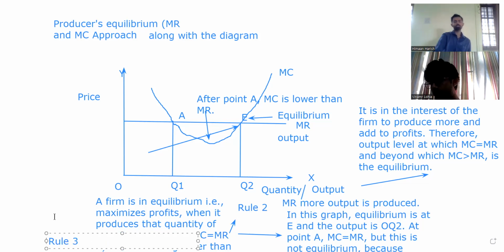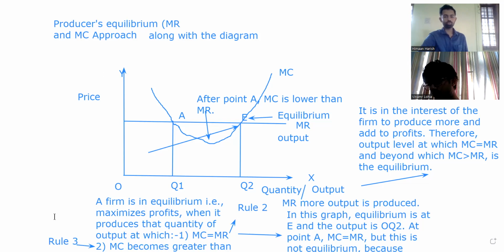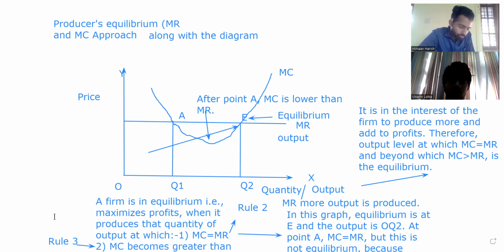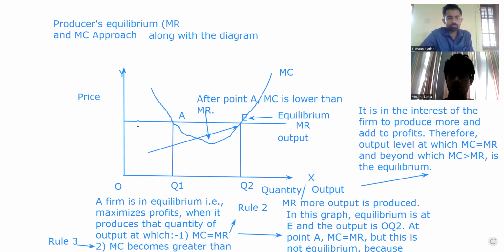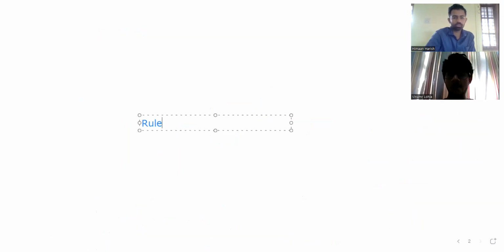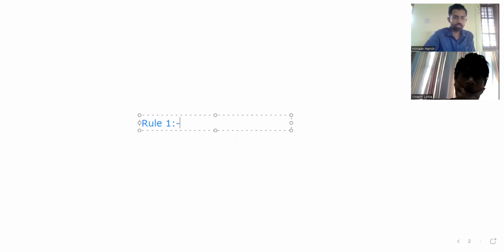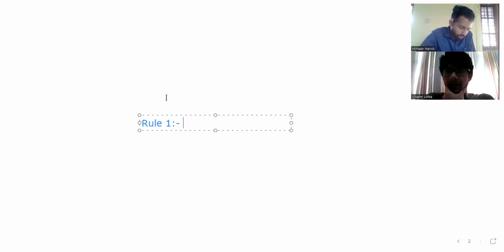So these are the explanations for rule 2 and rule 3. For rule 1, it's a big explanation: in the short run, a firm should produce. We will just go through rule 1. But that's not depicted in the graph in the notes. That's fine.